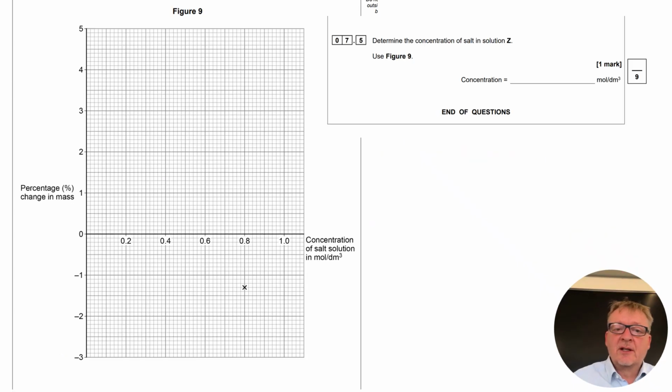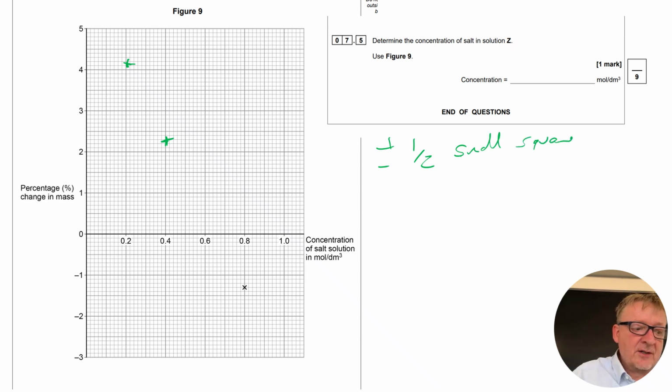What I'm going to do now is I've kind of pre-done it, so 0.2 goes up to about there. I should have put the table on here really. 0.4 goes to 2.3, which is there. Now you also have to remember that plus or minus half a small square loses your marks. 0.6 is there, so no, it's not there.